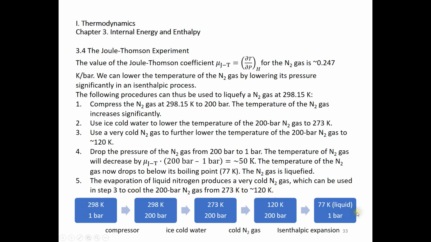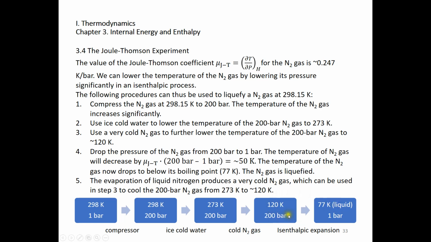So we have a diagram to show you all those steps. First we have nitrogen at room temperature and 1 bar. That's boring. We compress it, and after we compress it, we allow it to cool down to room temperature and 200 bars. Then we use ice cold water to further cool it to 0 degrees Celsius at 200 bars, and we use very cold nitrogen gas to further cool it to 120 K. It's very cold and at 200 bars.